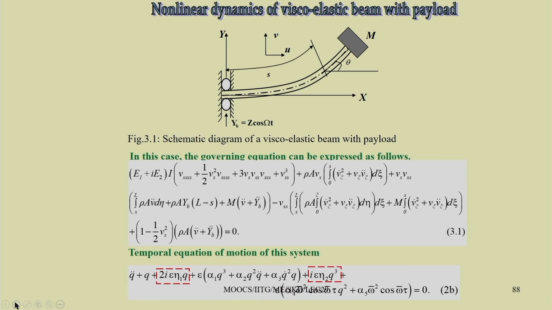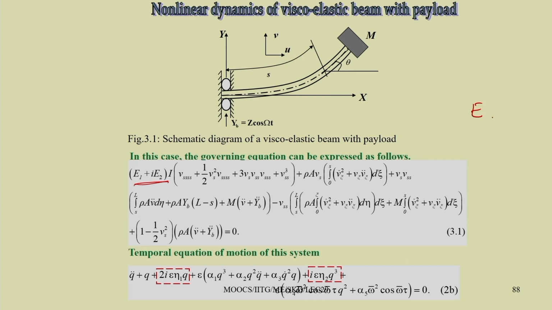So, if we take a viscoelastic beam, the equation will be modified by replacing this I by I1 E1 plus I E2. This E, the Young's modulus, will be a complex number in the case of a viscoelastic material.